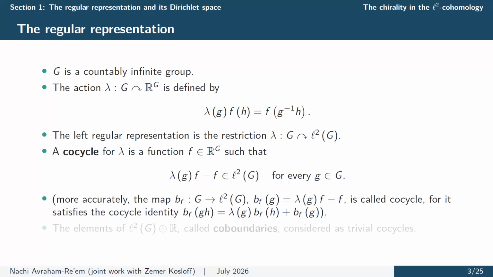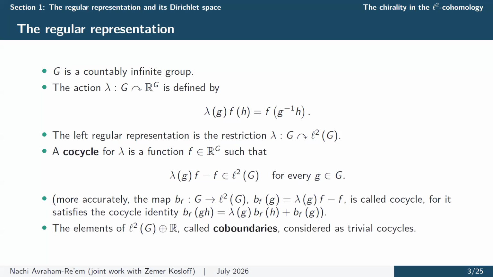This is called a cocycle because it satisfies the cocycle identity, which is written here, but let us just forget about all these fancy names and words. We're really interested in the function, and for the sake of this talk it will be convenient and natural to call the function itself a cocycle. So a cocycle for lambda for us will be a function f with the property that lambda g f minus f is square summable.